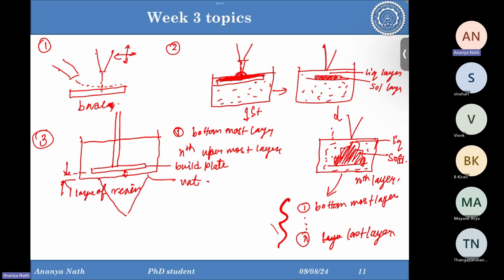It will solidify the layer wherever it is needed. You may print one part in the middle, or you may have 4 or 5 parts spread over the build plate. Wherever it is needed, the UV light will solidify at that position only. So this is the whole picture of different techniques of vat photopolymerization.